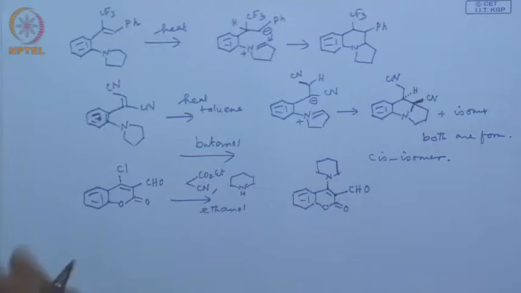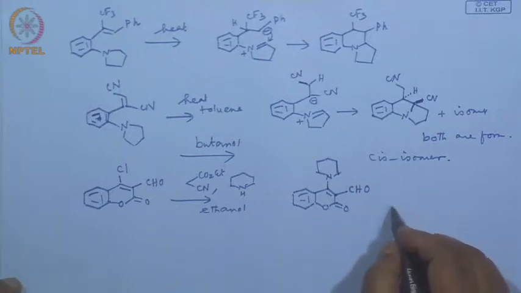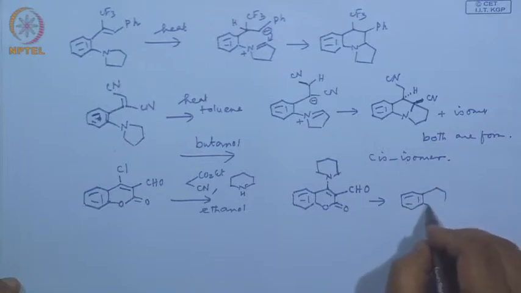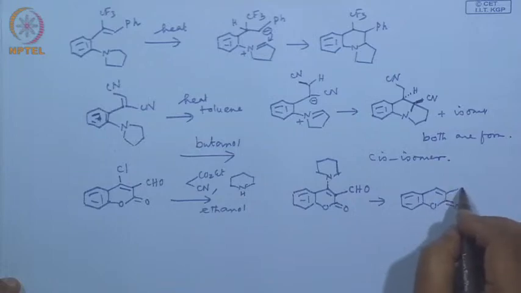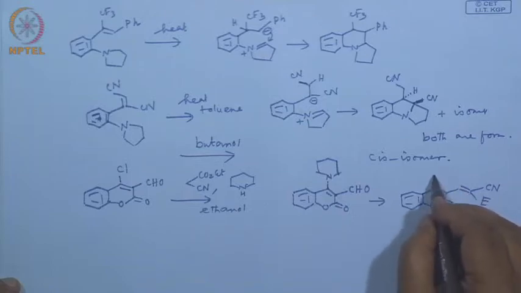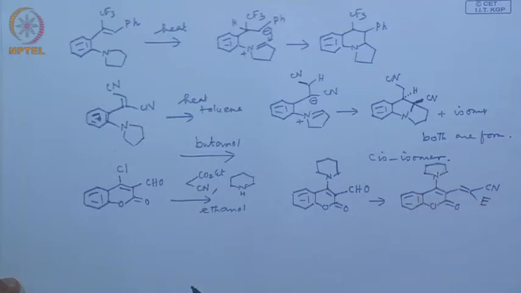Okay. What next? Now, all of us know the piperidine is not a very strong leaving group. So, you can expect a Knoevenagel-type reaction, and that is this one. So, double bonded now, with cyano on one side and an ester on the other, and this is piperidine.